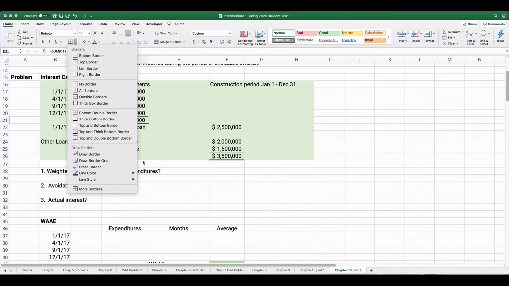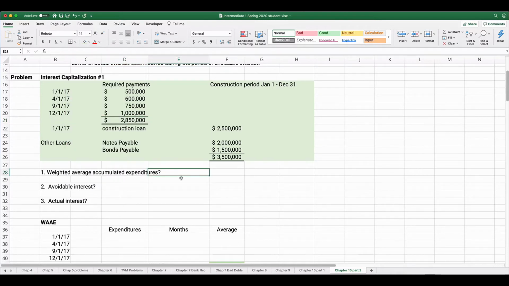We've taken out a construction loan at the beginning of the year for $2.5 million, and we need to know the interest rate on this. The interest rate on the construction loan is going to be 7%.